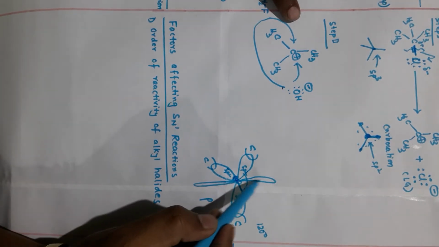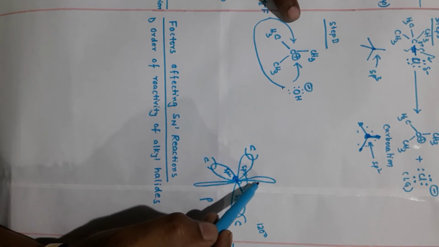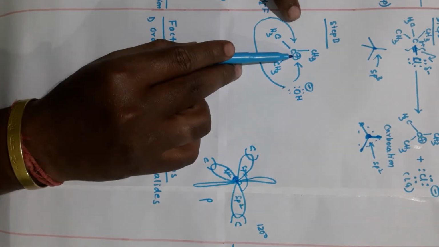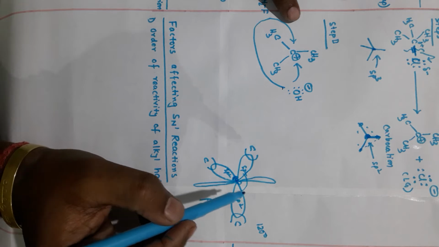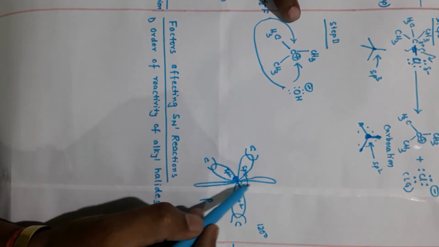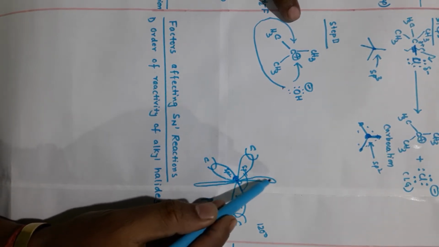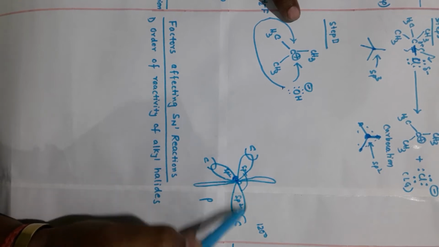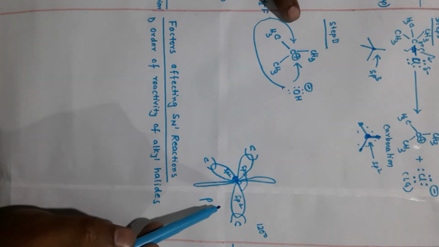If this p orbital is vacant, meaning there is no electron, then it is represented by the positive charge. So you can understand this positive charge is due to the vacancy of the unhybridized p orbital, or there is no electron in the unhybridized p orbital. This is the actual molecular structure of the carbocation.